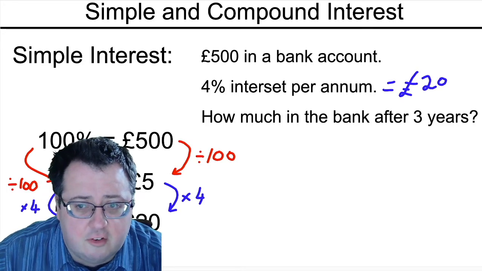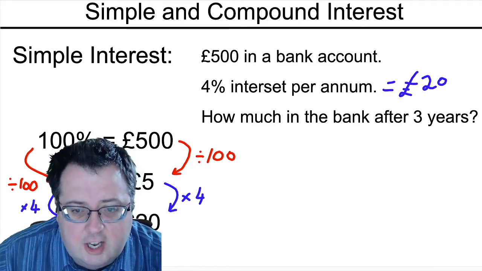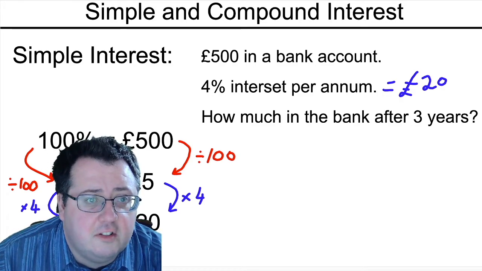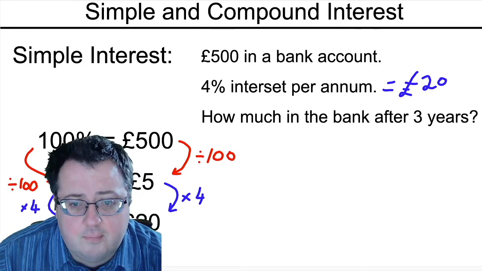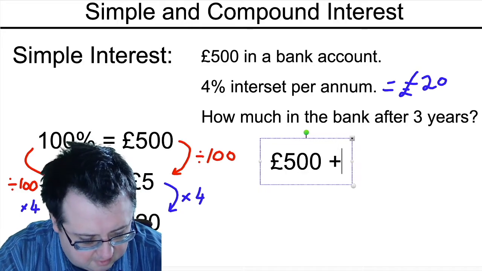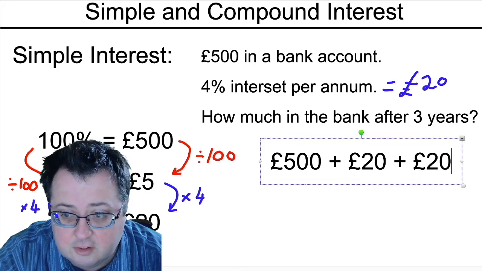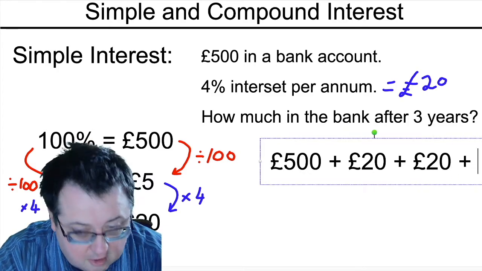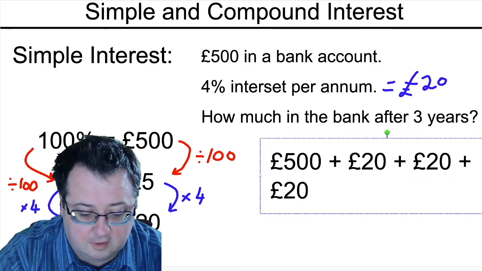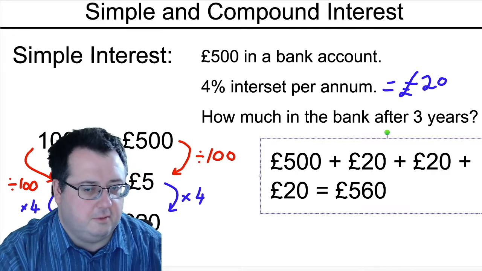So with simple interest, you just add that same amount each year. So the final answer is going to be £500 plus £20 for year 1 plus £20 for year 2 plus £20 for year 3 equals £560.